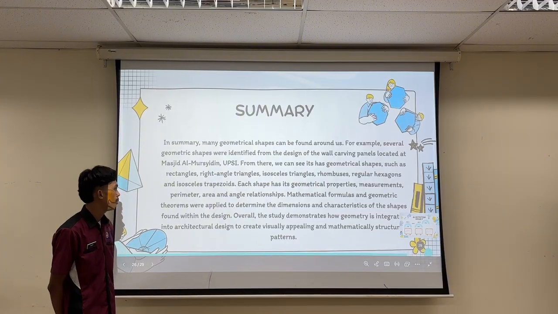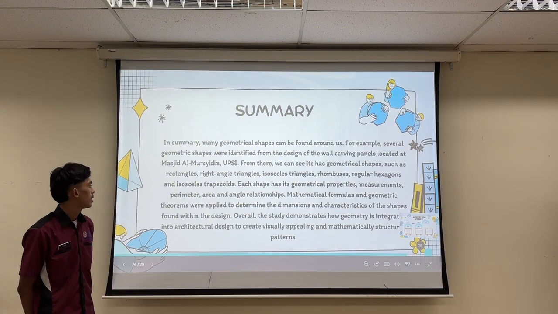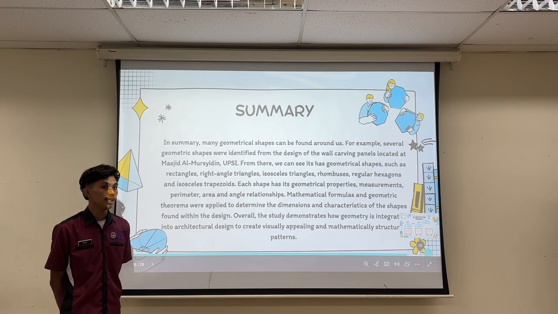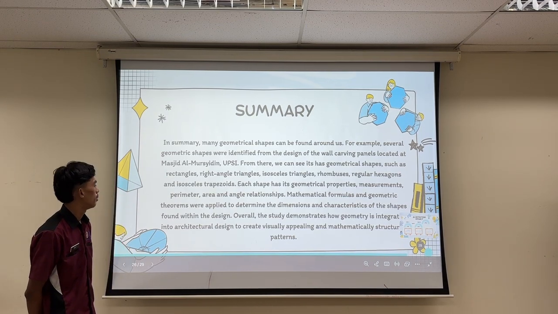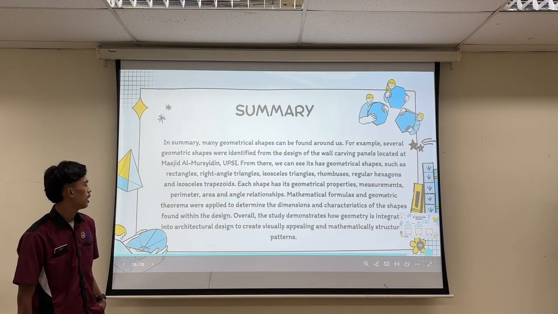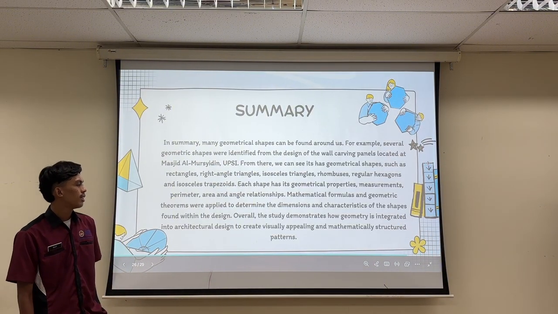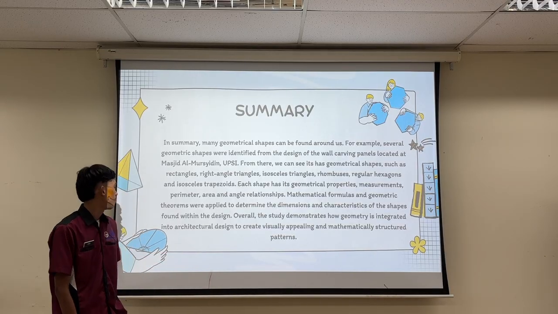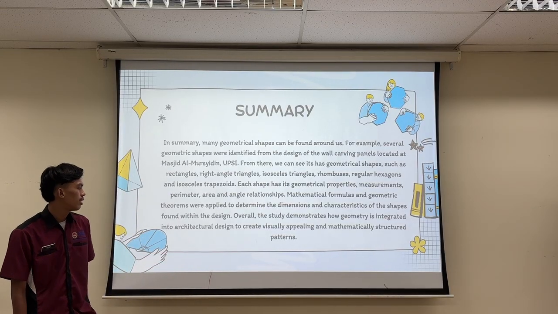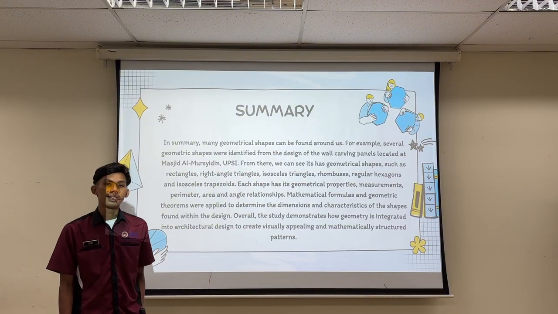Each shape has its geometrical properties, measurement, perimeter, area, and angle relationship. Mathematical formulas and geometric theorems were applied to determine the dimensions and characteristics of the shapes found within the design. Overall, the study demonstrates how geometry is integrated into architectural design to create visually appealing and mathematically structured patterns.